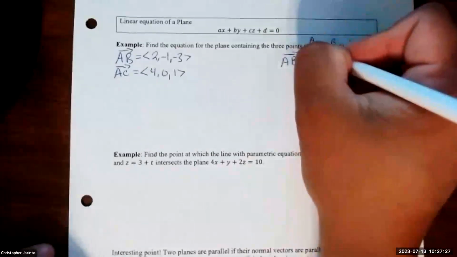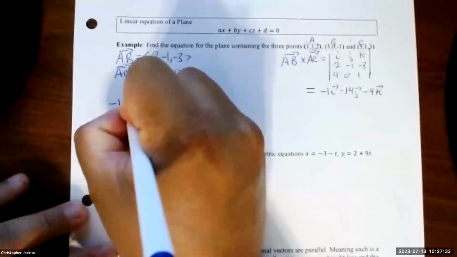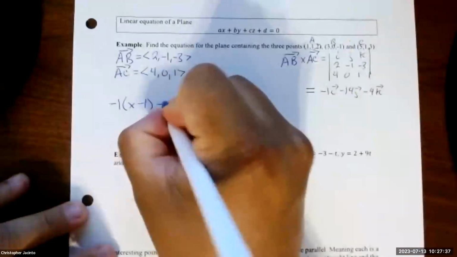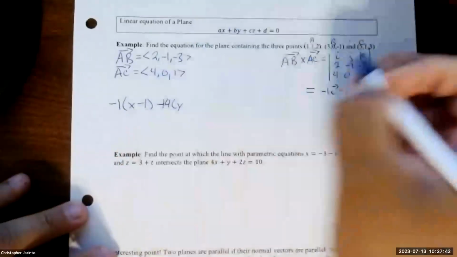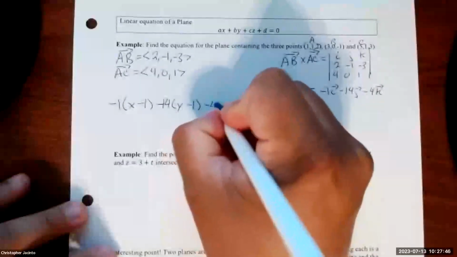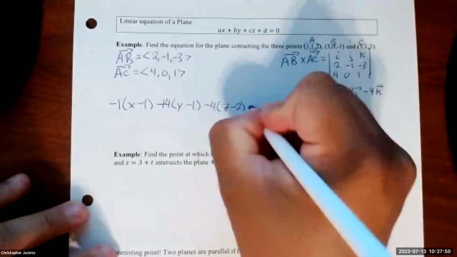So again, I'll pick the first point because it's just the first one there. So our equation would be -1 times x minus 1, minus 14 times y minus 1, and then minus 4 times z minus 2 equals 0.